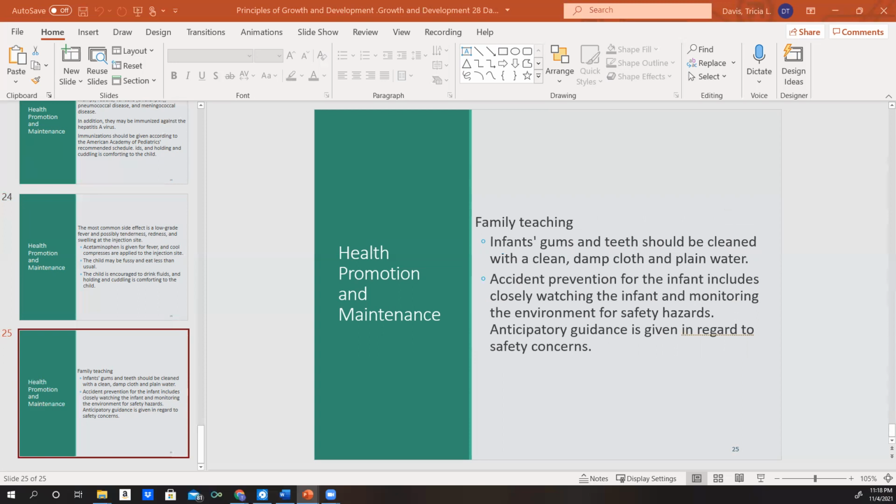Accident prevention is always something that we're going to be thinking about with the small babies and as they get into toddlers and start to get on the move. So through different stages, we are always very closely watching the infant. We're monitoring their environment for any type of safety hazards. And we should always give some anticipatory guidance with regard to safety concerns.